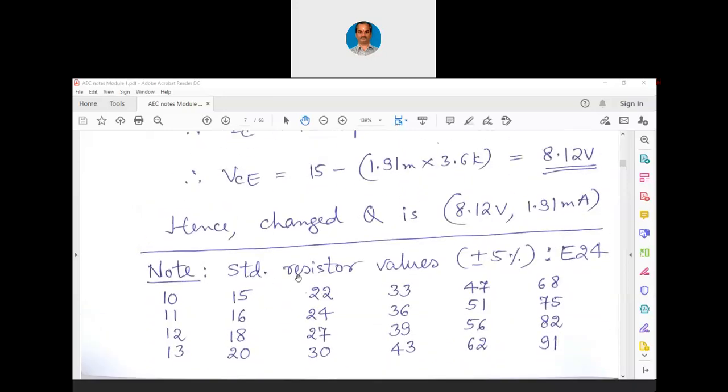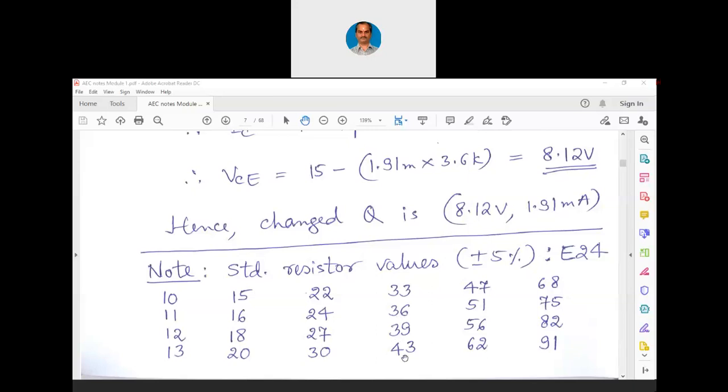This is the standard resistor values table, called the E24 series, which has a plus or minus 5% tolerance in its value. You can see 10 ohms is available, 11, 12, 13, 15 is available, 14 is not available. 16, 18, 20, 22, 24, 27, 30; 23 is not available. Again 25, 26 are not available, 30 is available.